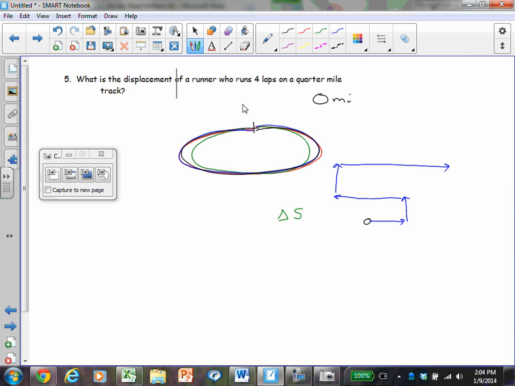But the change in position with relation to where you started is a displacement, start to finish, right? This is a vector quantity.